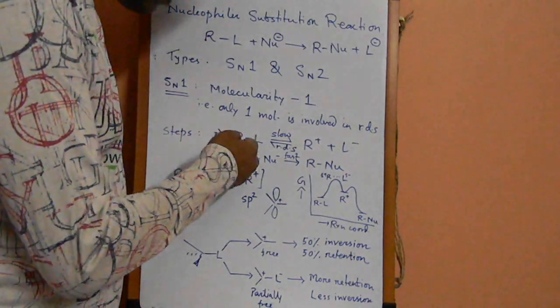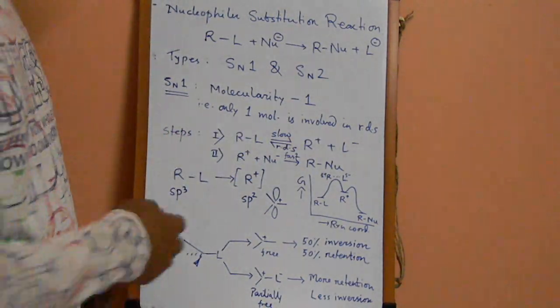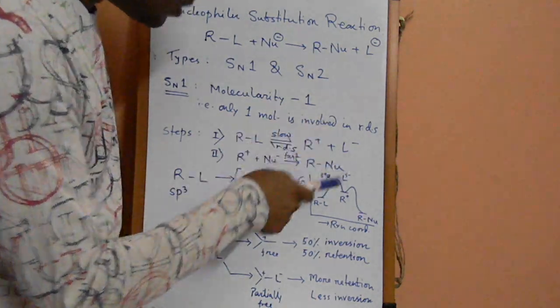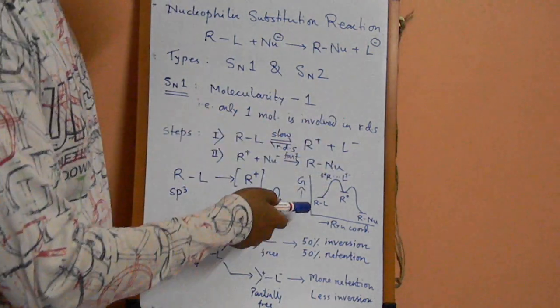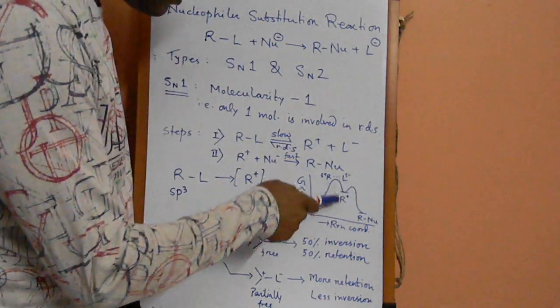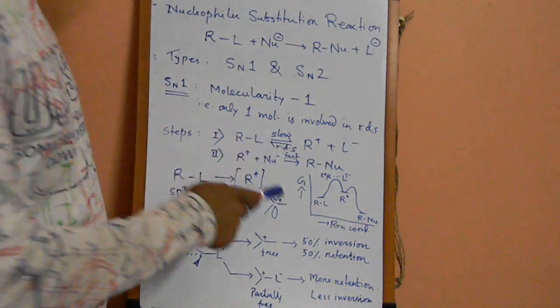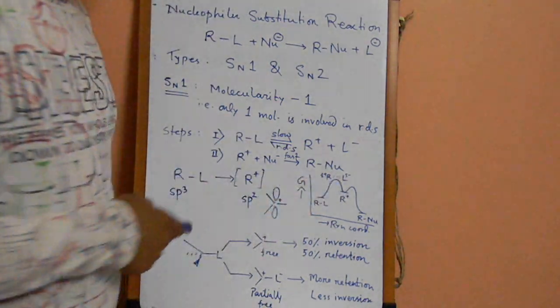You need to consume energy for breaking the RL bond. The transition state will be structurally closer to the nearest state, which here is R plus. So it is a typical endothermic reaction.